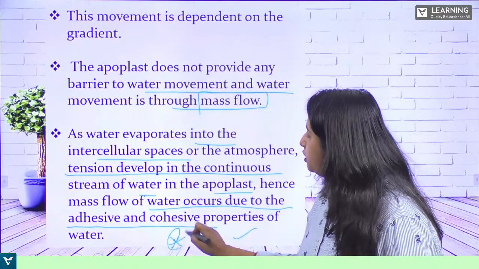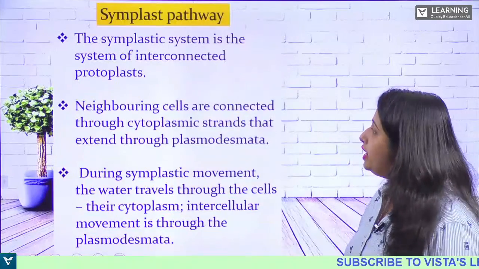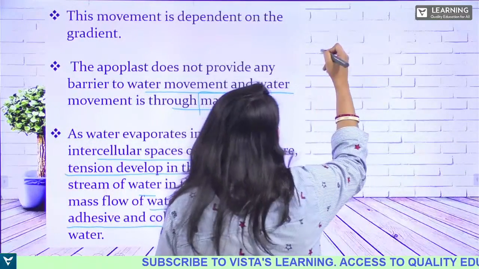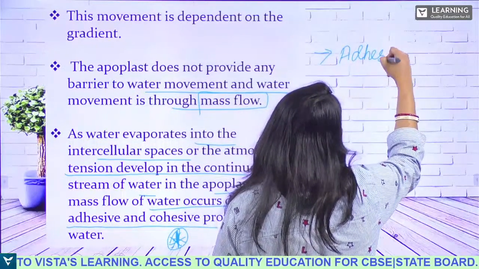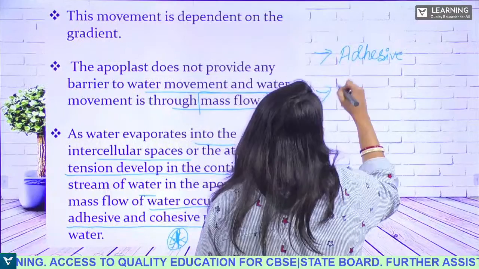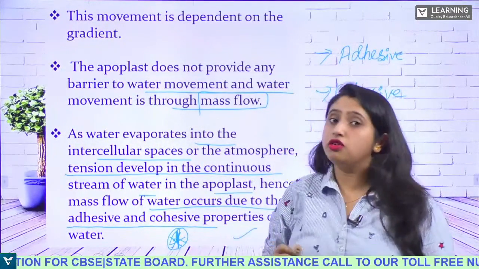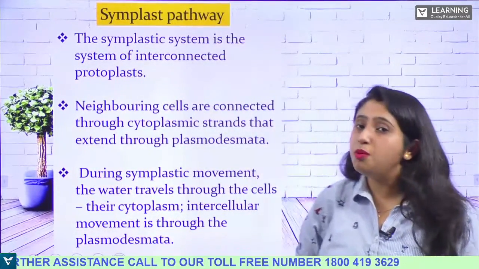You have to remember this: why does the mass flow of water take place? It is because of the adhesive and the cohesive property of the water. Now let us move into the Symplast pathway.